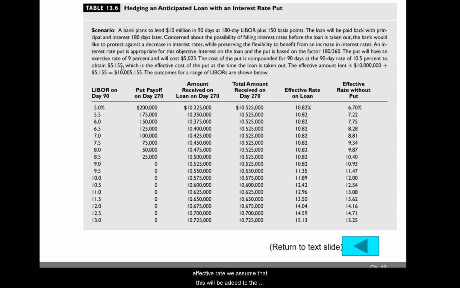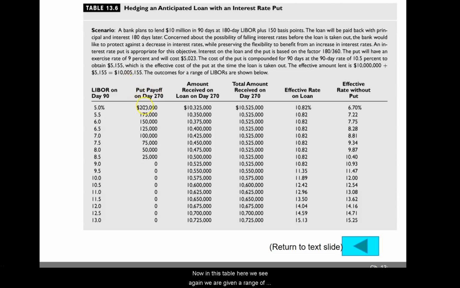Now, just for the calculation of the effective rate, we assume that this will be added to the amount lent, which is 10 million. So the effective amount lent will be 10 million plus 5,155. But remember, this is only for the purposes of calculating the effective rate of the loan.